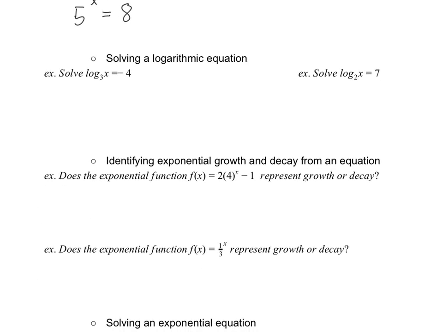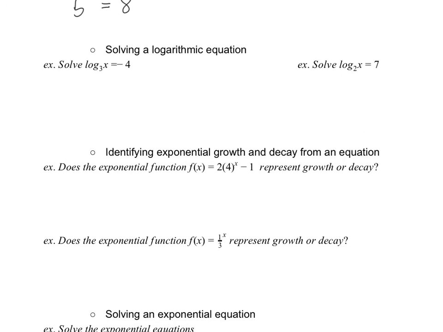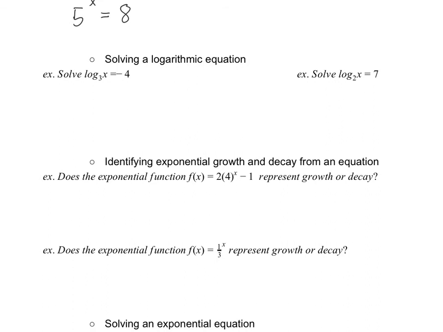When it comes to solving a logarithmic equation, we convert it from logarithmic form to exponential form, just like we did in our previous examples. So I have log base 3 of x equals negative 4. So my base number is going to be 3. My exponent is going to be negative 4, and then I'm going to equal x. So that means x equals 3 to the negative 4th.